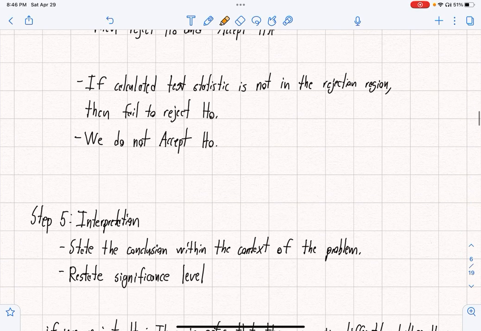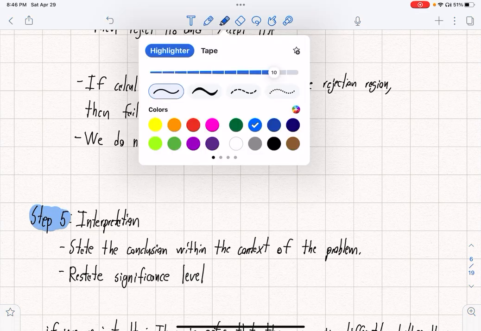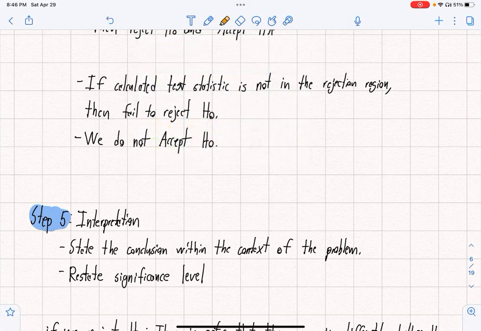And then finally, step 5, our interpretation. All we're going to do is state the conclusion from step 4 within the context of the problem, and we're also going to restate our significance level.